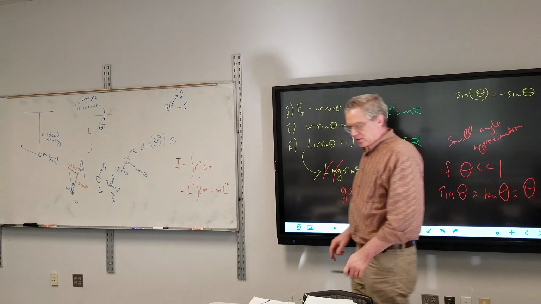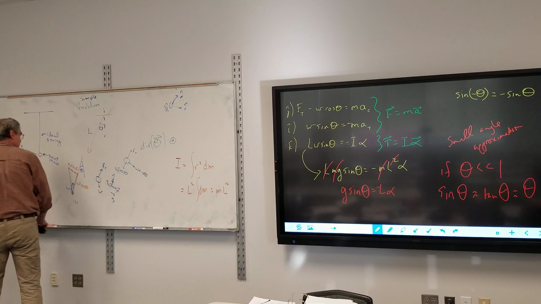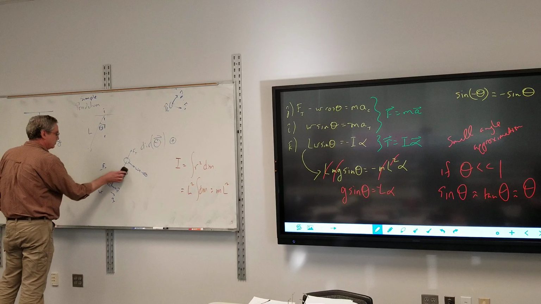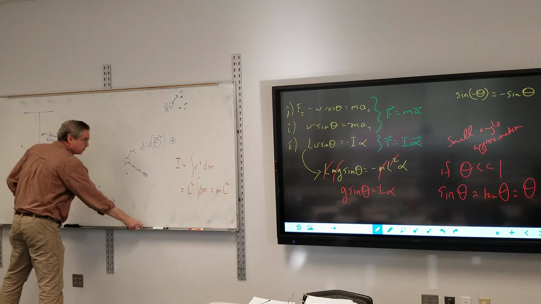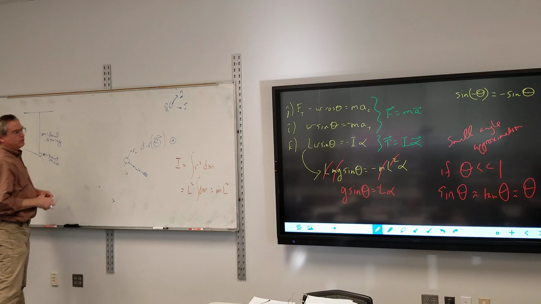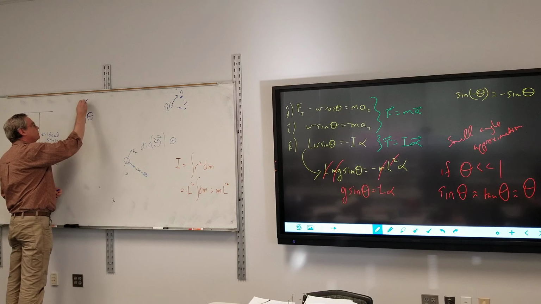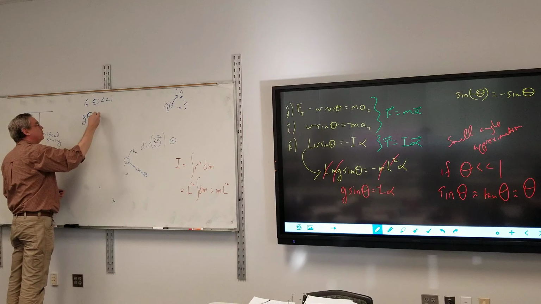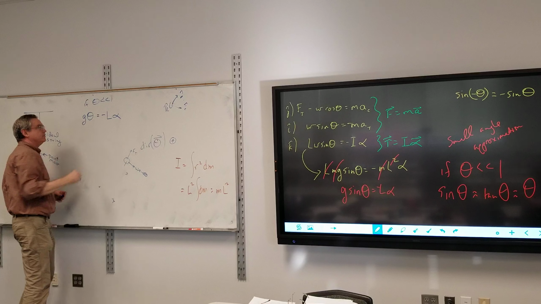So if theta is small, we now have g theta. So if theta is small, g theta is equal to negative L alpha.